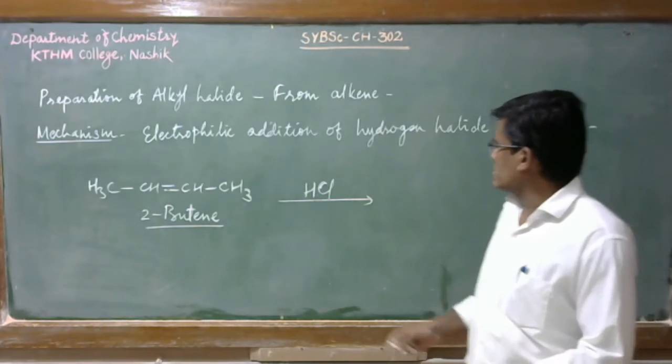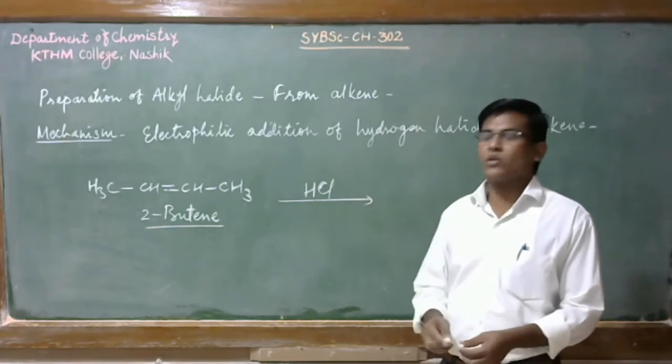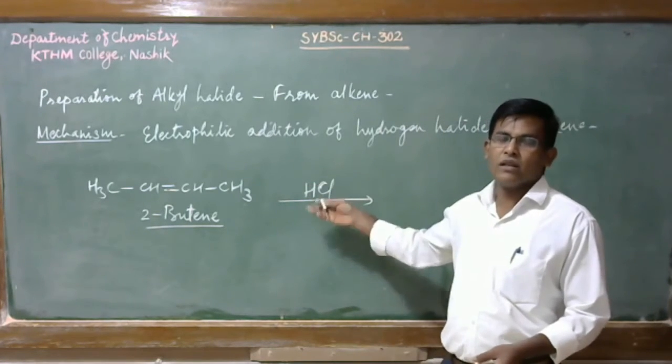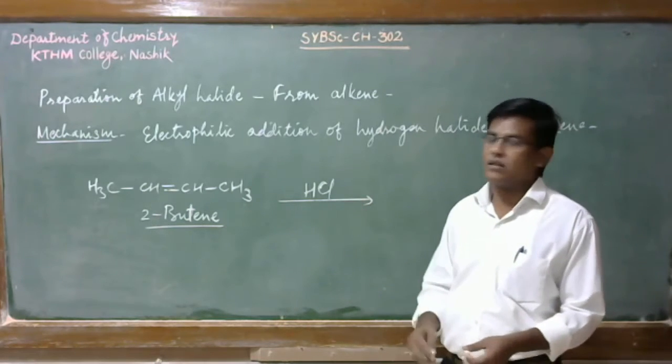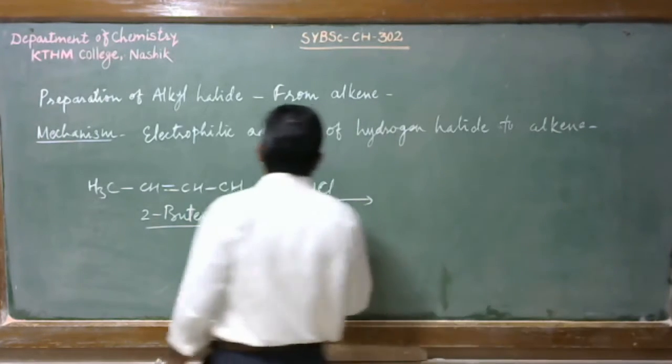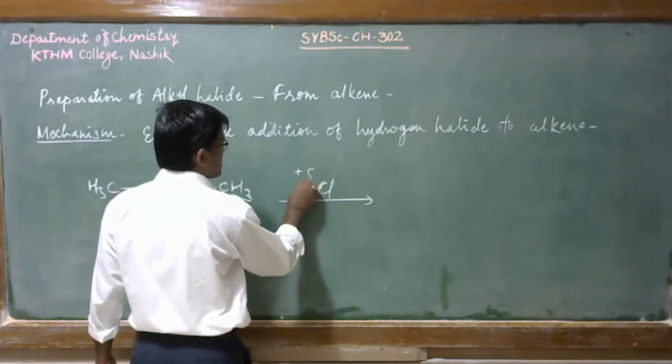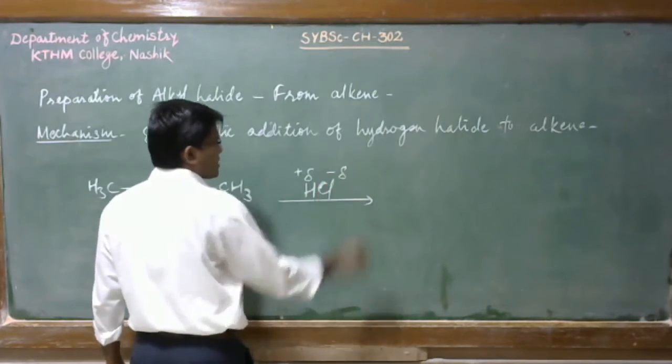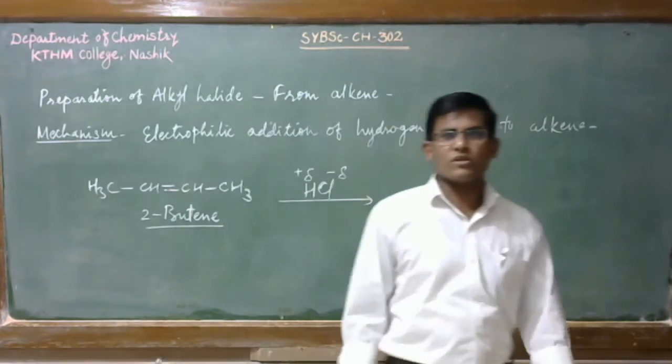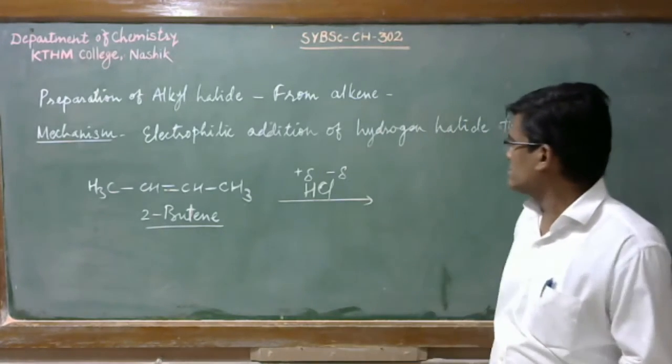We know the hydrogen has a partial positive charge and the chlorine has a partial negative charge.